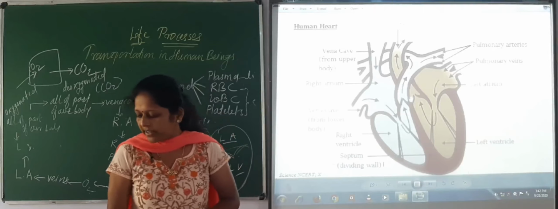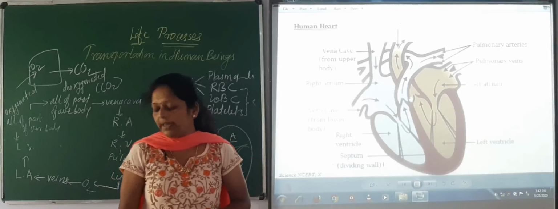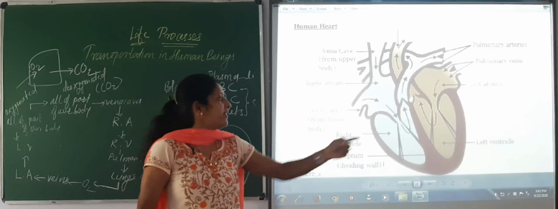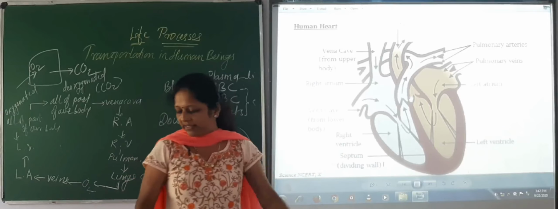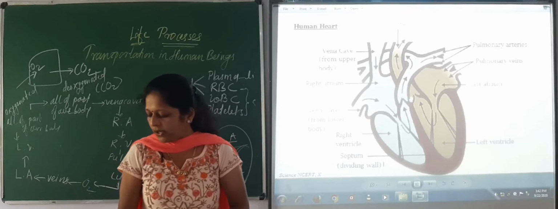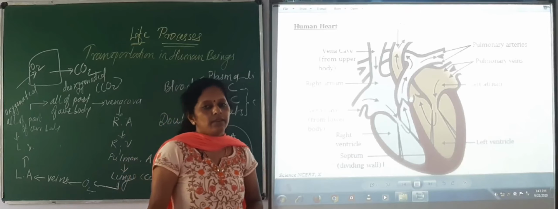The pressure of the blood inside the artery during the contraction of the ventricle is called systolic pressure, and in the artery during a ventricular diastole, that time it is called diastolic pressure.